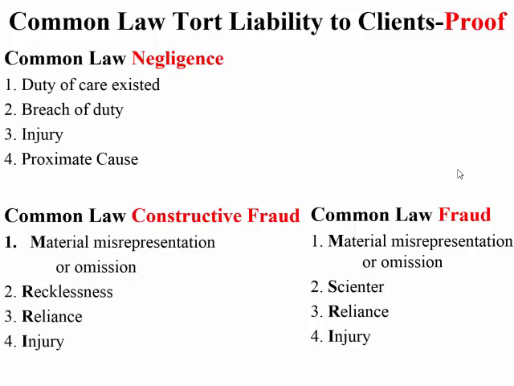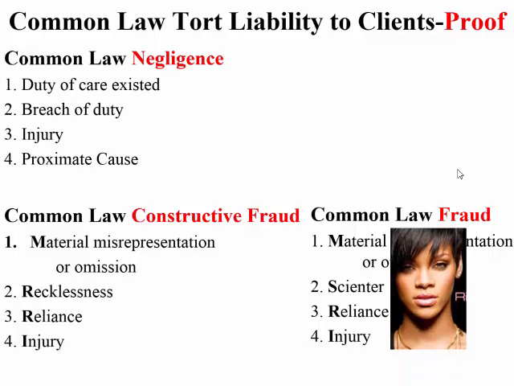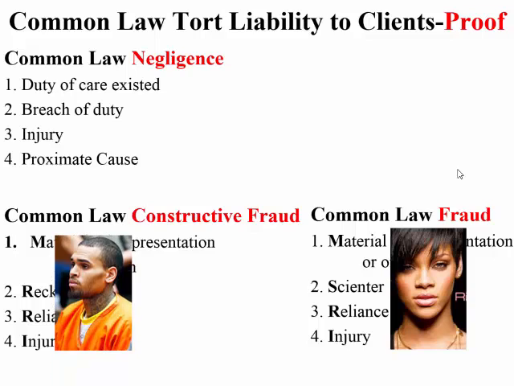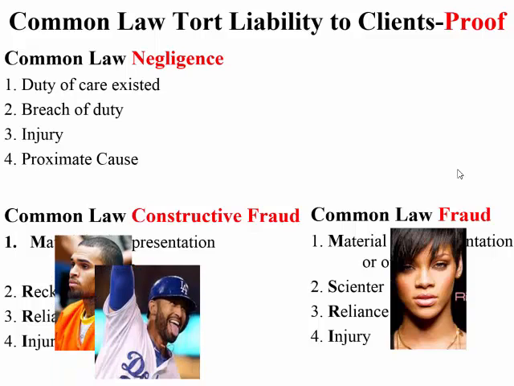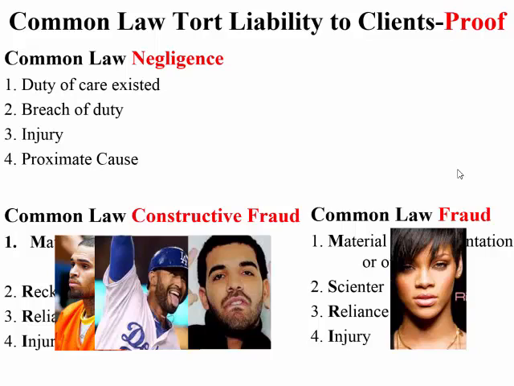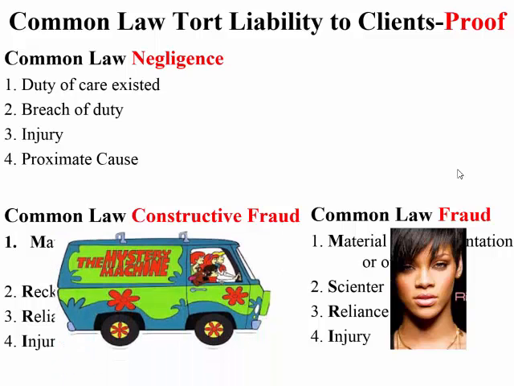So you can conceptualize Miss Re as Rihanna, right? That's Miss Re. You can conceptualize constructive fraud as some guy related to Rihanna. So you say Chris Brown. Or maybe you don't want to use a Rihanna-themed mnemonic. So maybe instead of Miss Re, you could say just mystery, like the Mystery Machine from Scooby-Doo.